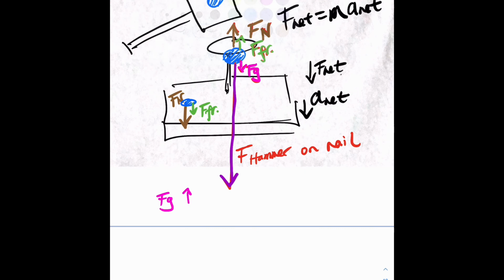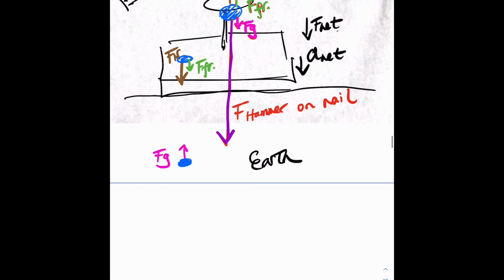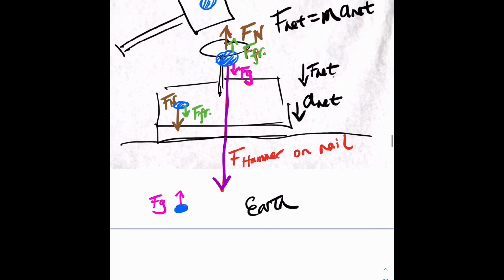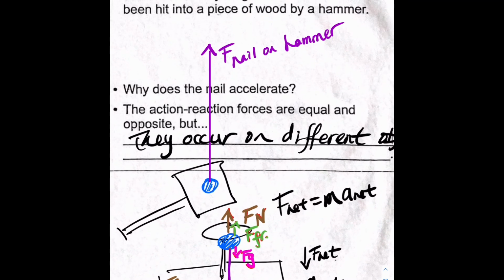So if I draw the blue dot right here, this is the Earth down here. All right, so there you go. All four forces: force normal, force friction, force gravity, all with their third law pairs. And finally, force of the hammer on the nail, the purple vector, having its third law pair on the hammer.